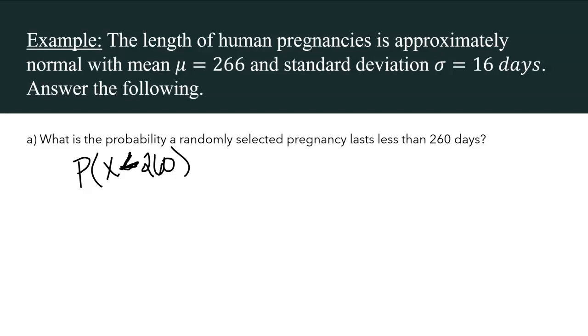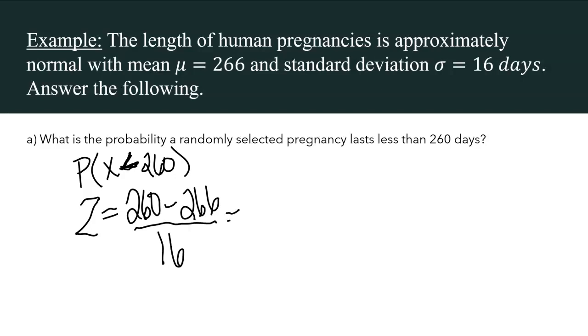and then using our z-chart. So remember that z is equal to X minus the mean, and X is 260, minus the mean, which in this case is 266, divided by the standard deviation, which is 16.